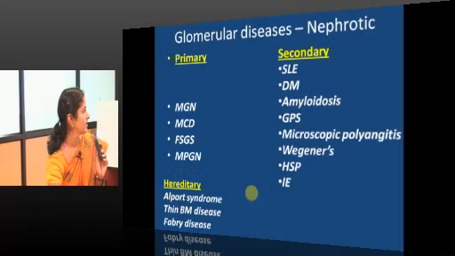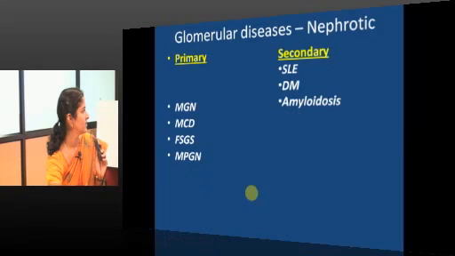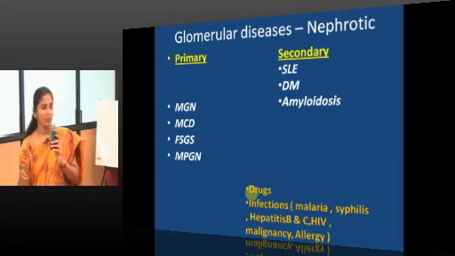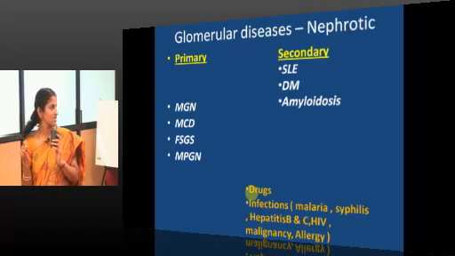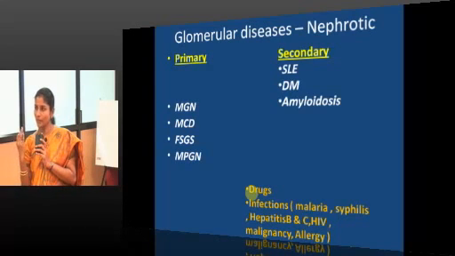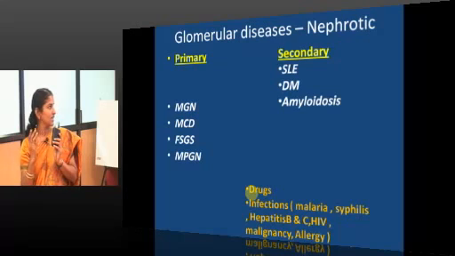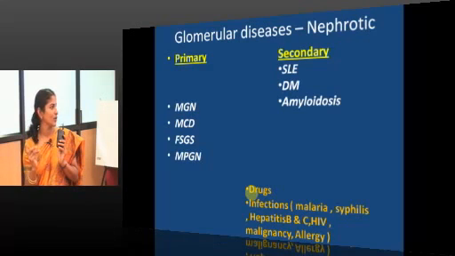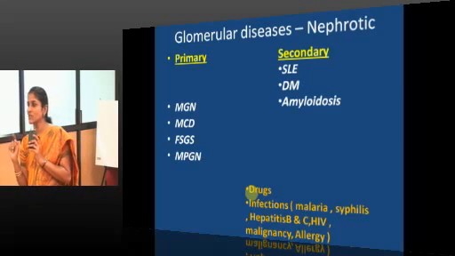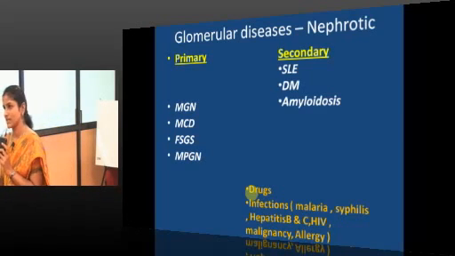Nephrotic: minimal change, membranous, FSGS, MPGN. And SLE, diabetes, amyloidosis, drugs, infections, all these things will result in nephrotic syndrome.